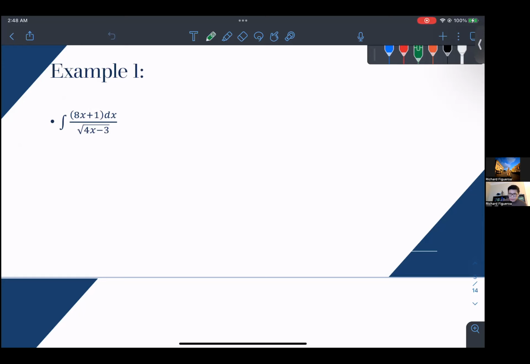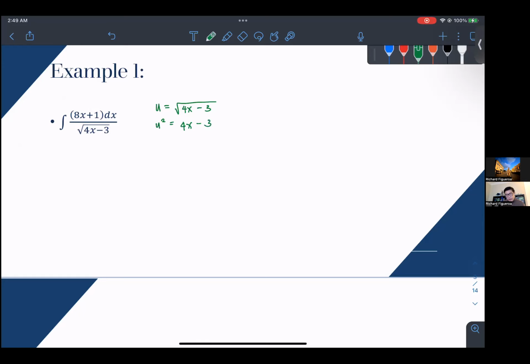So what we're going to do is let u be the function which involves a square root, so let u equal the square root of 4x minus 3. And then we square both sides. If I square this, that is u squared. The square of the square root would just be 1, so that would just give us 4x minus 3.